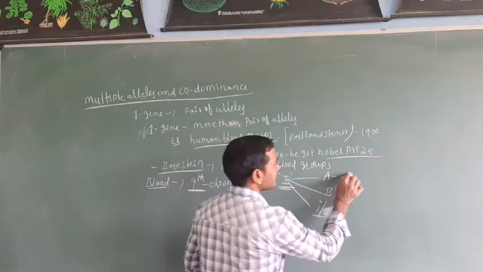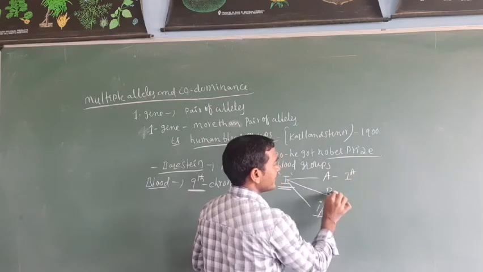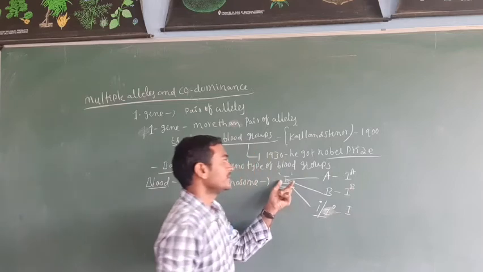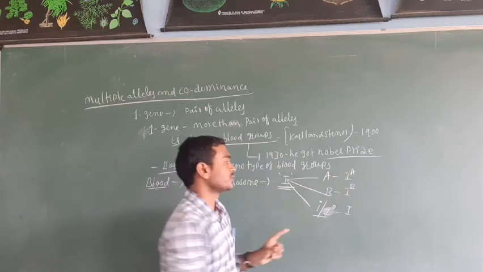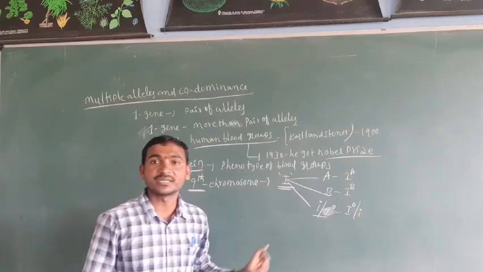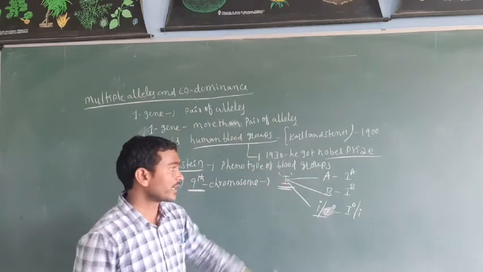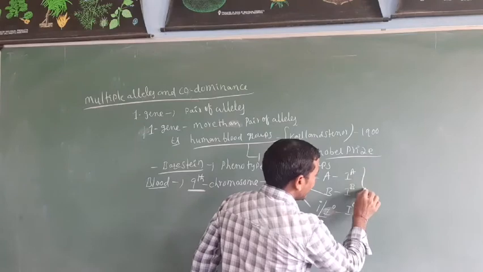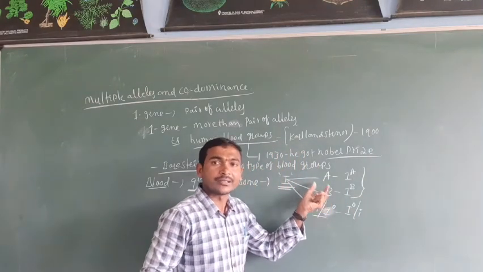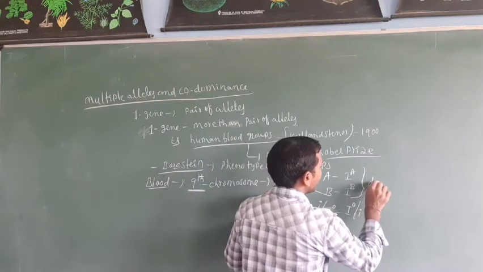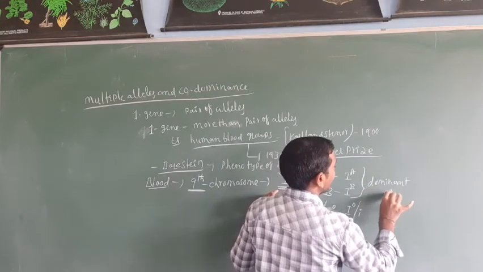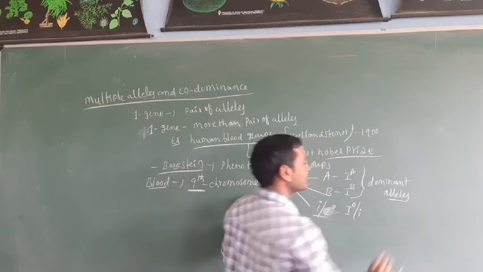If A is there, we consider it as I A; if B, I B. In the I gene, the pair of alleles is I A, I B or I O. Like that we take the genotype. I A and I B are the dominant alleles.